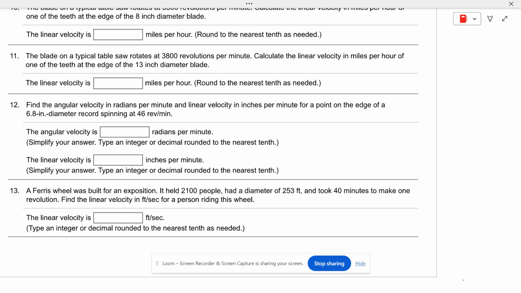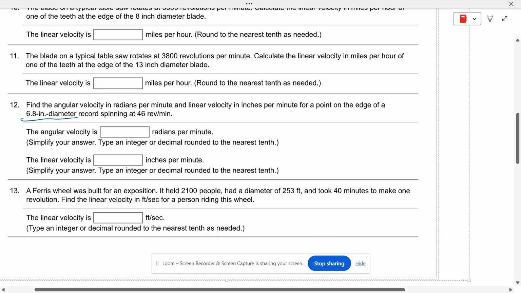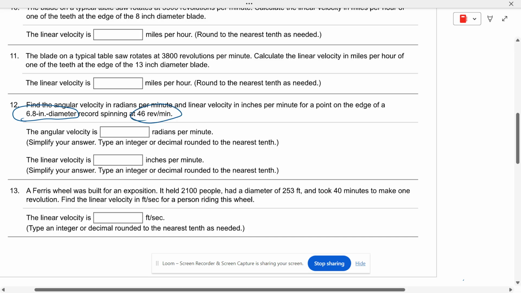All right, but for this, if it's a 6.8-inch diameter and it's going 46 revolutions per minute, I start with the revolutions per minute. And it says radians per minute here, so the simple way to fix that is to multiply by 2 pi radians over 1 revolution.